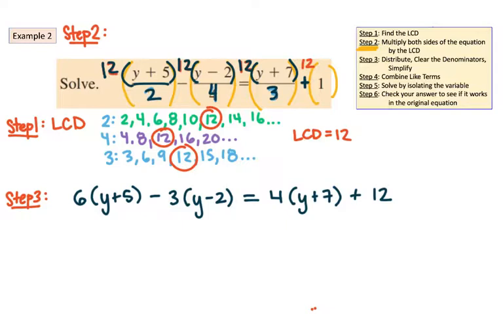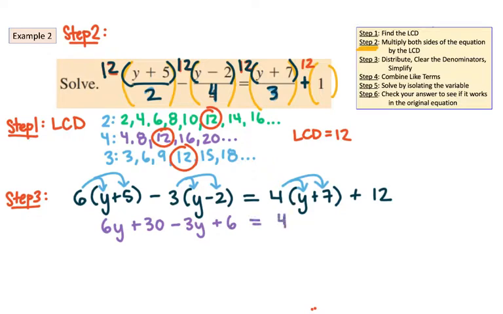Now it's a much prettier algebra problem when we don't have any fractions. We're just going to distribute everything and then combine like terms and isolate the y and hopefully solve. So when we distribute, we get 6y plus 30 minus 3y plus 6 on the left.